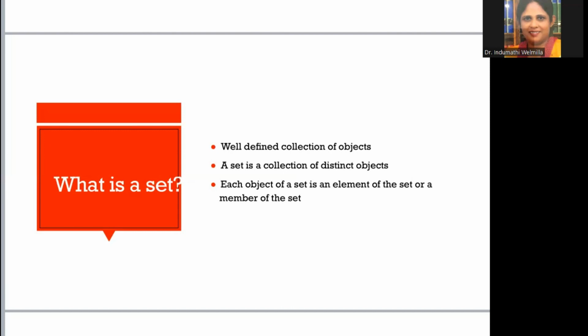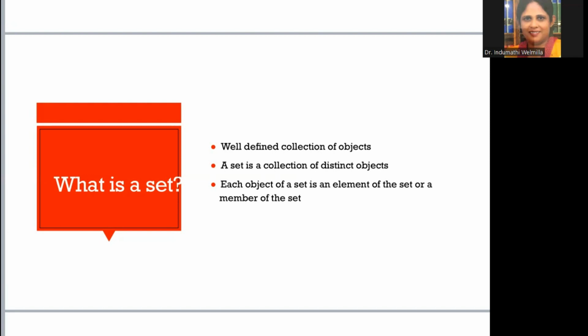Therefore, a set is represented as a whole of well-defined objects. Set notation is represented by a capital letter. The number of elements in a finite set is normally known as the cardinal number of the set.